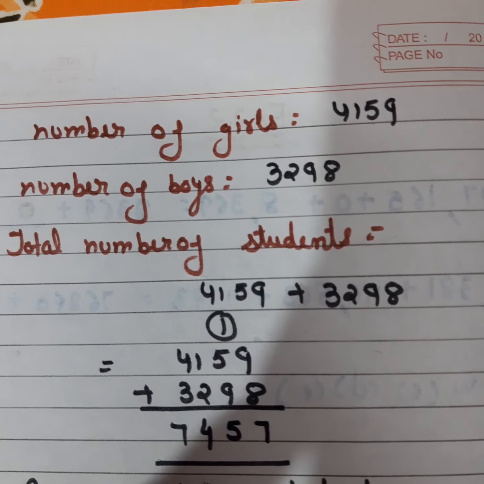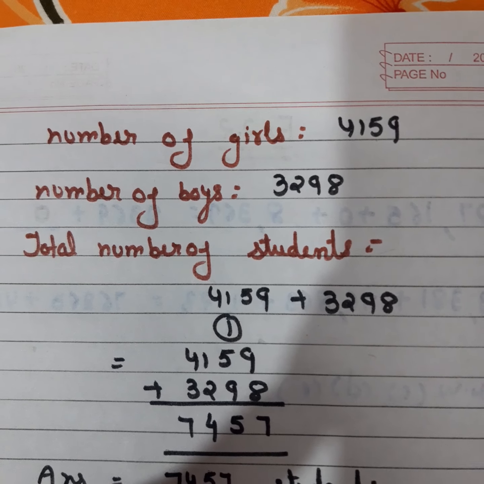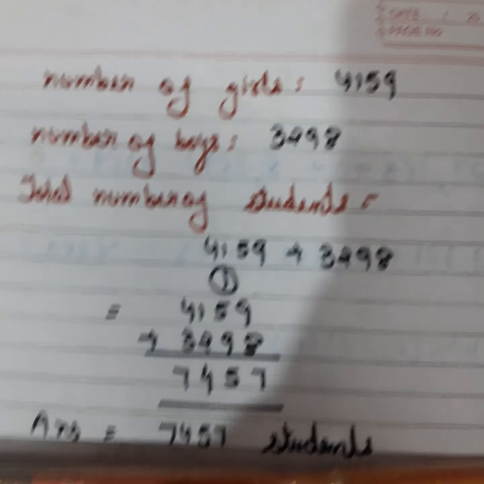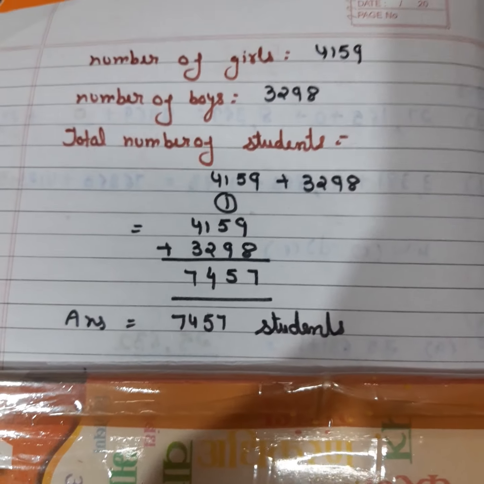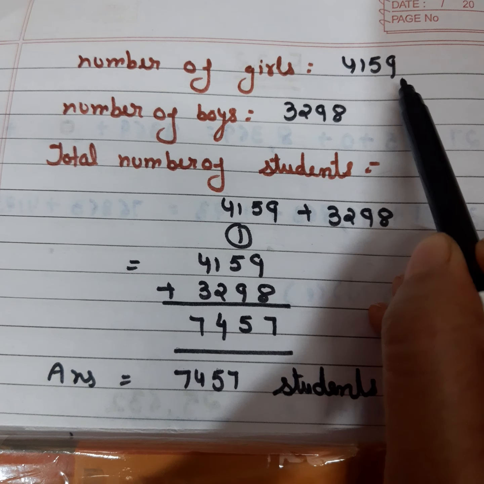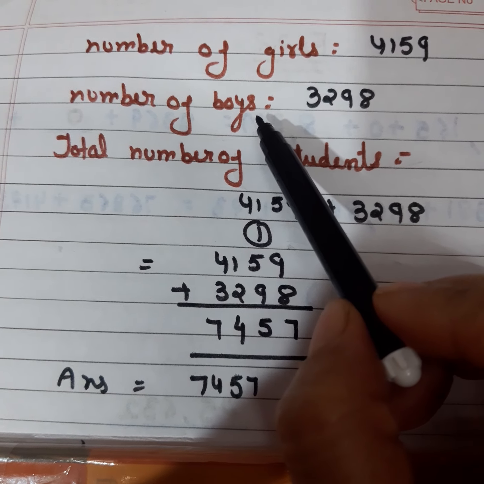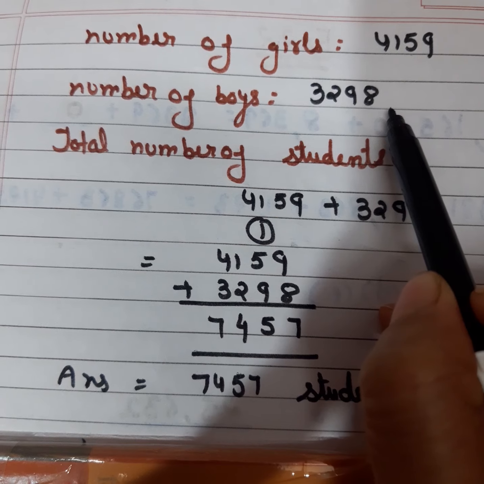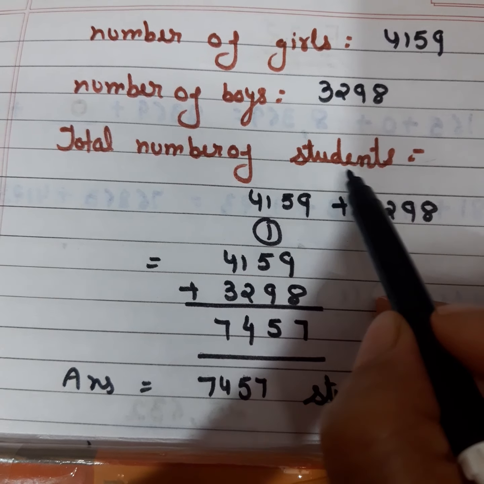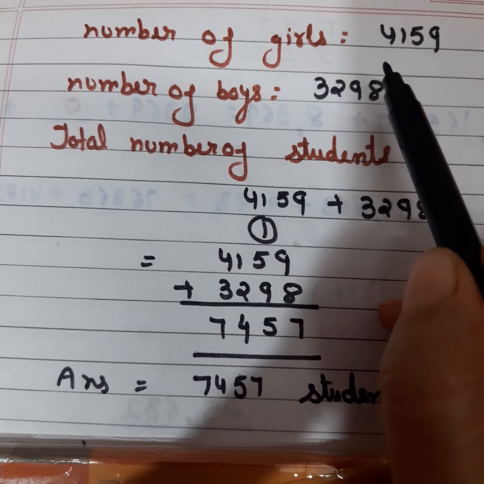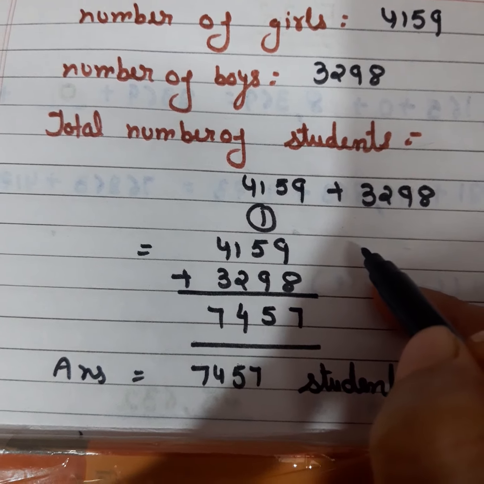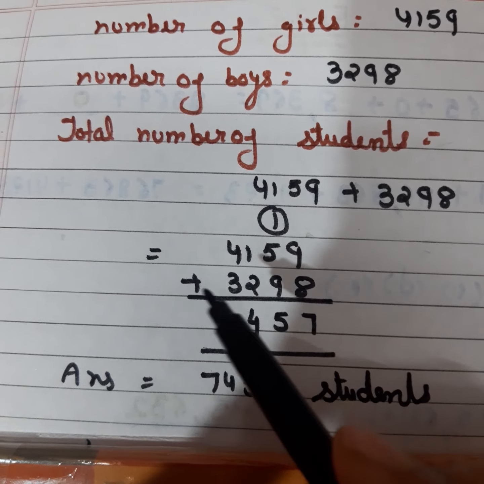So, in the question it is given to me that the number of the girls is 4,159 and the number of the boys is 3,298. So, simply what I have to do for calculating the total number of the students, I have to just add the number of the girls with the number of the boys. Clear?